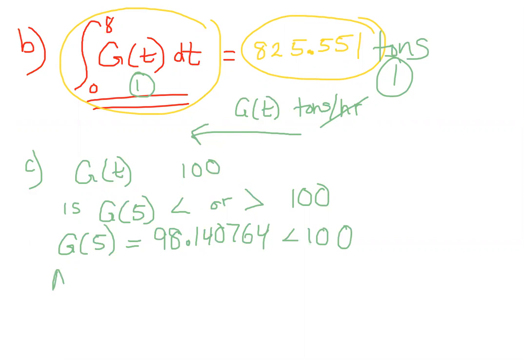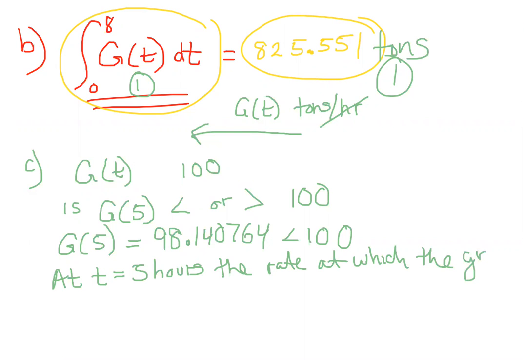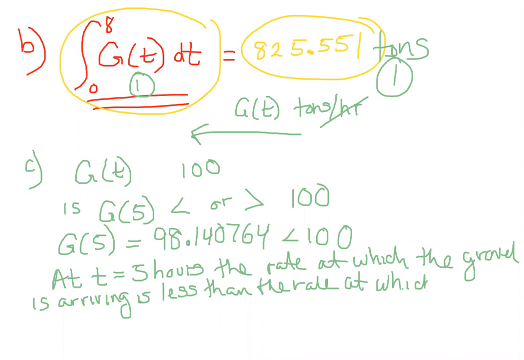So at t equals 5 hours, the rate at which the gravel is arriving is less than the rate at which it is being processed.